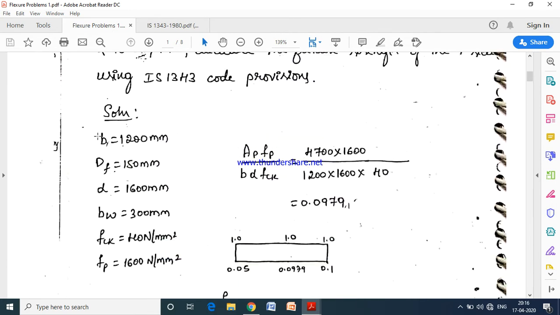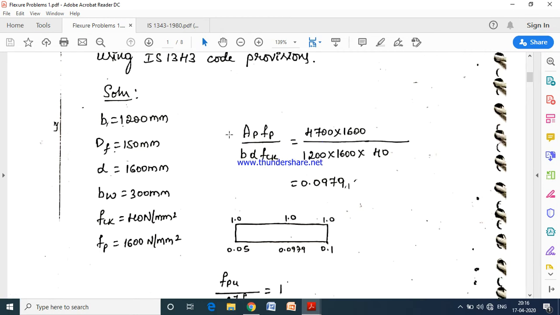So these are the given data: width of the flange, thickness of the flange, depth of the web, width of the web, FCK characteristic strength of concrete, and FP is the characteristic strength of steel, and area AP is also given. So first step is, you need to find out effective reinforcement ratio, that is AP FP by BD FCK.